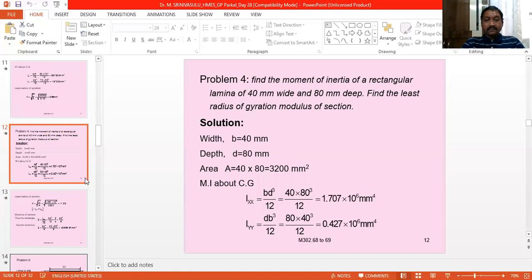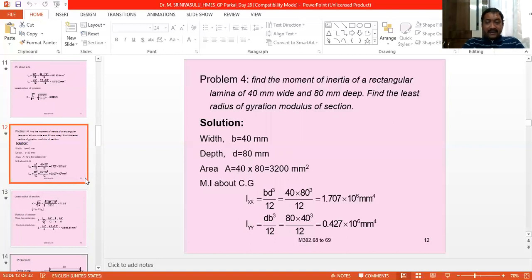Find the moment of inertia of a rectangular lamina 40 millimeters wide and 80 millimeters deep. Find the least radius of gyration and modulus of section.